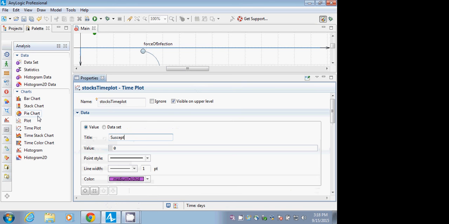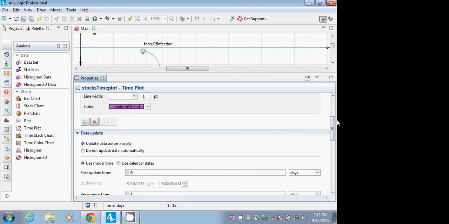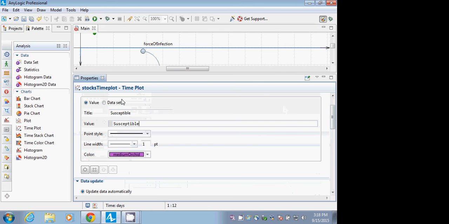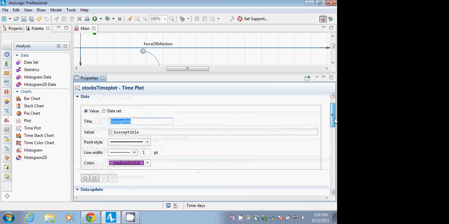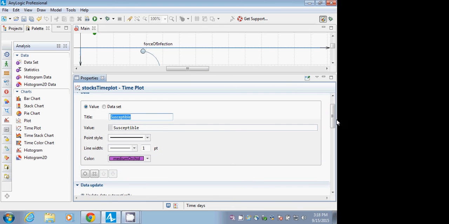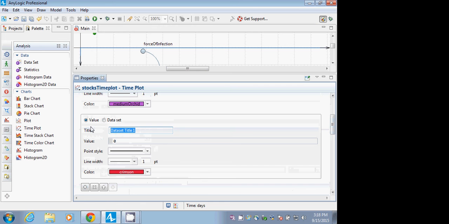Let's do this quickly so we don't spend too much time on it. We'll say susceptible, and its value will be susceptible. One is just the title here; we could give it any name we wanted for the title, foo, bar, baz, but the value of it is susceptible.